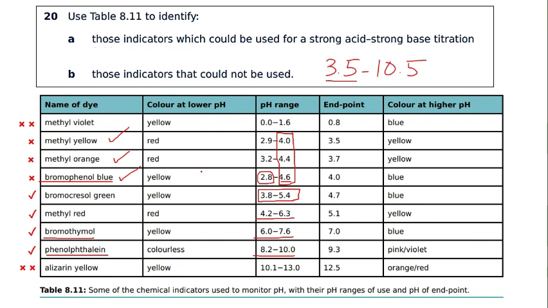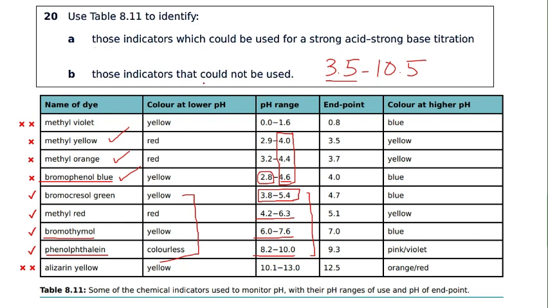So they can be indicators for strong acid and strong base, but they will not be our first choice. Our first choice will be these four indicators: bromocresol green, methyl red, bromothymol blue, and phenolphthalein, because they are exactly in the pH range. These three will not be first-choice indicators.